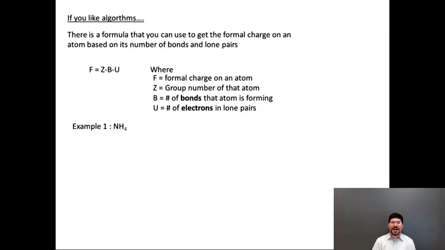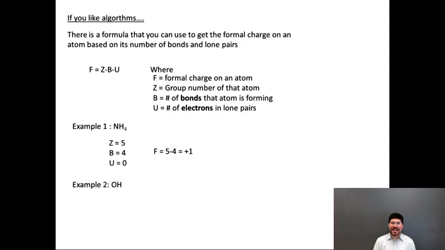Let's look at a couple of examples of just how the formula gets put into practice. If we look at NH4, which we already know what answer we're expecting for, Z is 5, here in group 5 of the periodic table. It is forming 4 bonds, has no lone pairs on it. 5 minus 4 is equal to positive 1, so therefore you expect to have a positive charge.